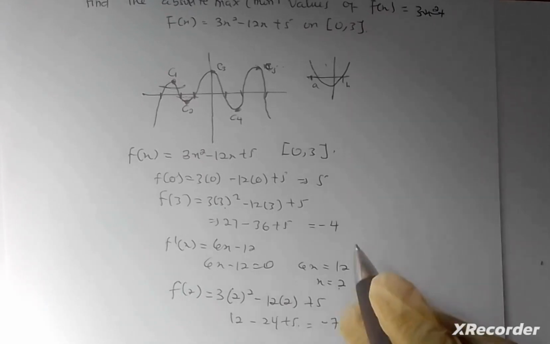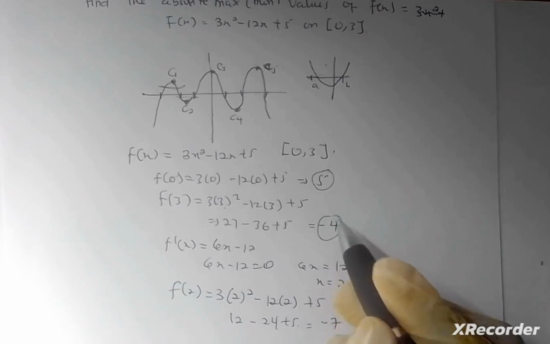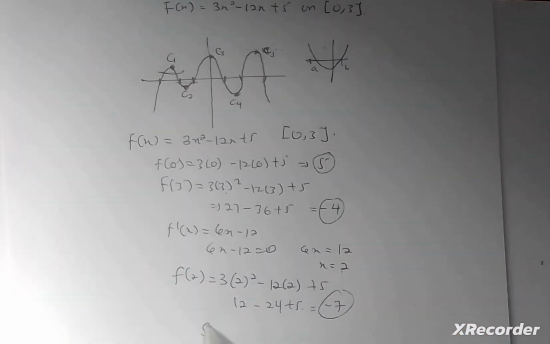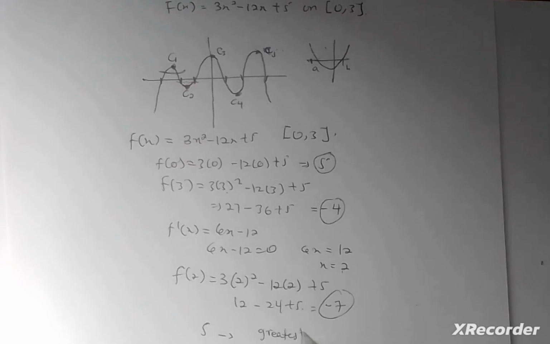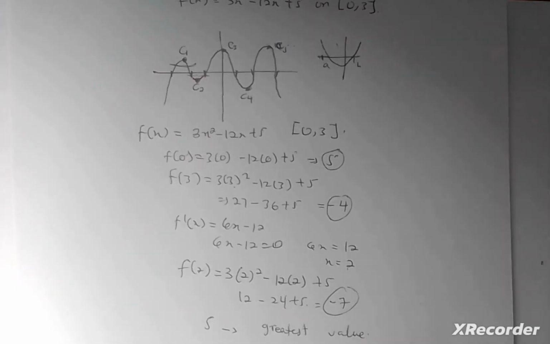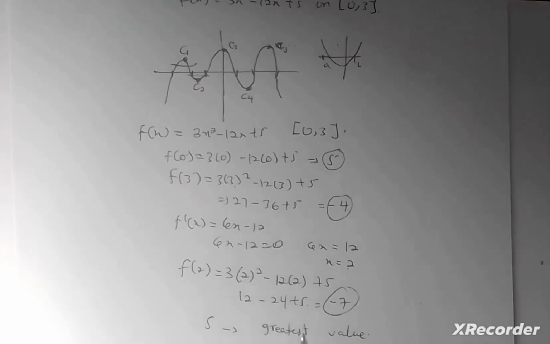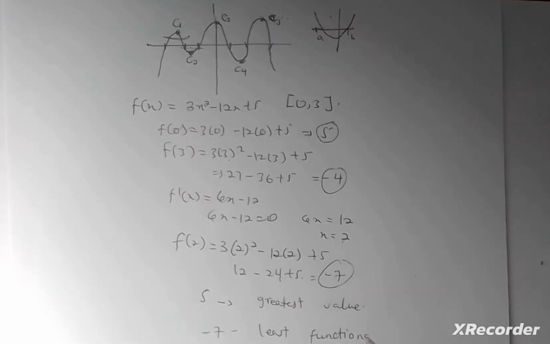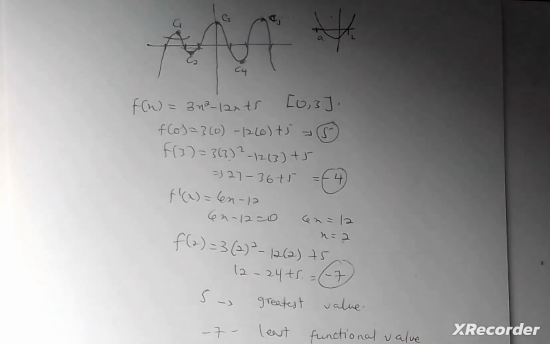So I'm now having 5, negative 4, negative 7. I can then say that 5 is my greatest functional value here. Then I'll have negative 7 to be the least functional value here.